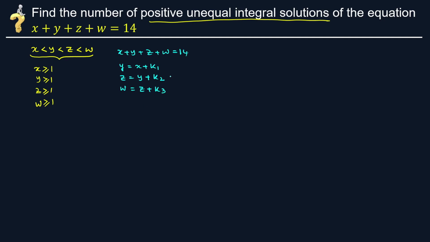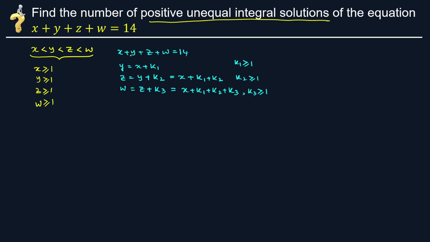Now, in place of y, we can write x plus k1. So it is coming like x plus k1 plus k2. And z can be replaced by x plus k1 plus k2 plus k3. In all these cases, your k1 will be greater than or equal to 1. K2 will be greater than or equal to 1, as well as your k3 is greater than or equal to 1.